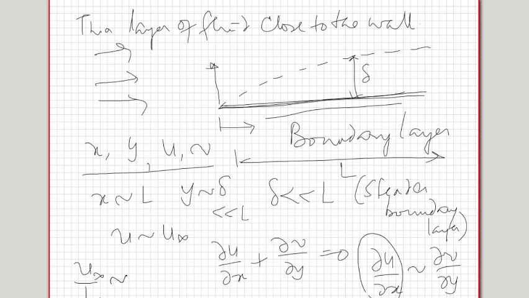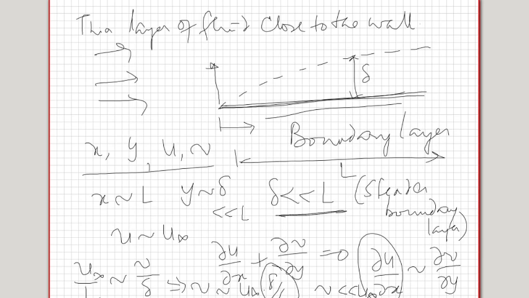This should be of the order of v divided by delta, because in the y direction, y is of the order of delta. So v by delta is of the order of u infinity by L, which tells me that v is of the order of u infinity multiplied by delta by L, and since this delta by L is very, very small, v is much less than u infinity.